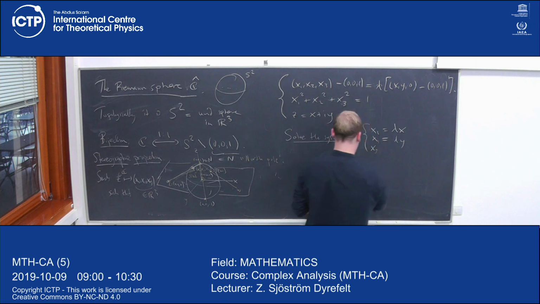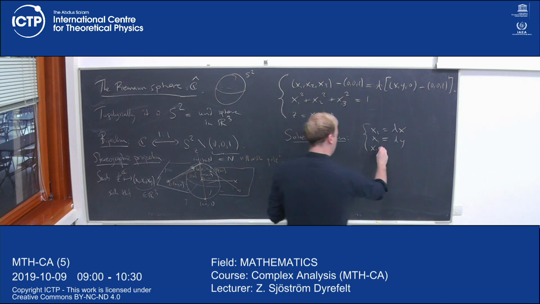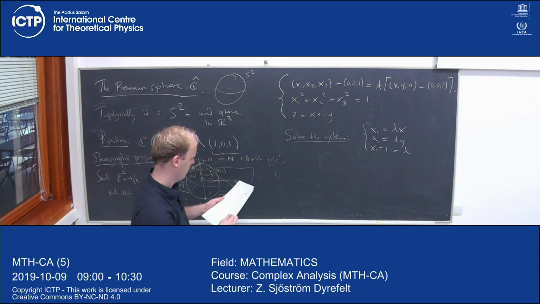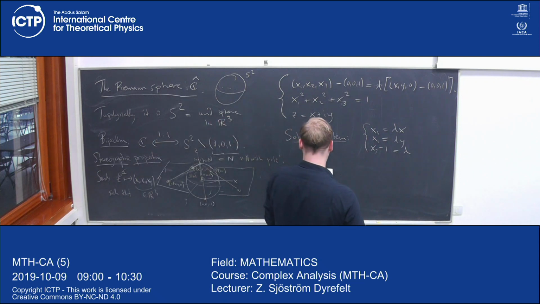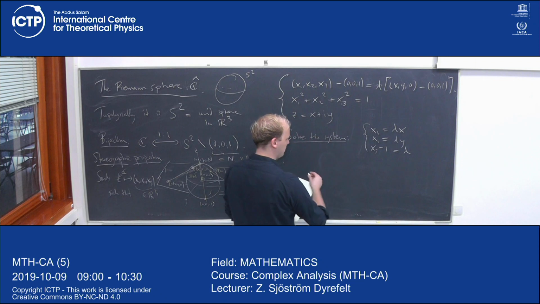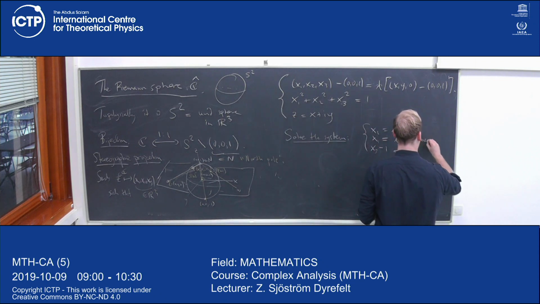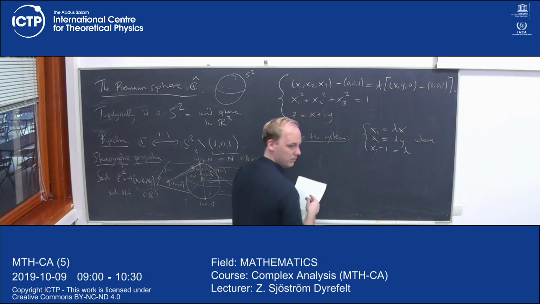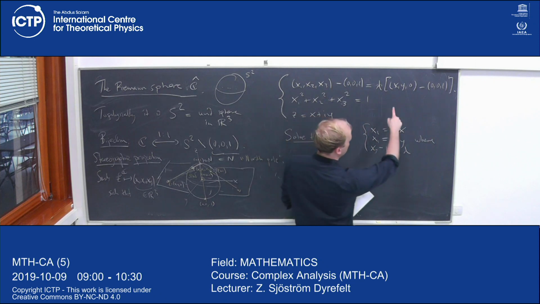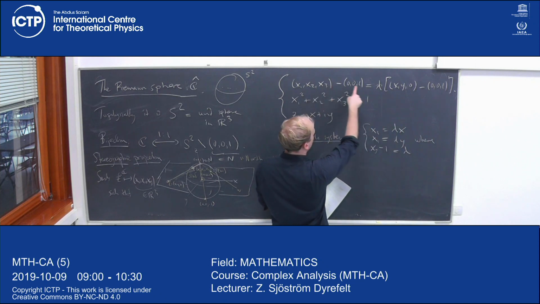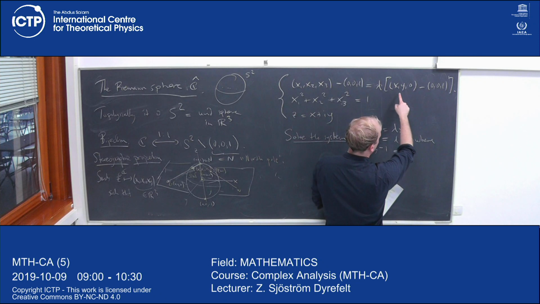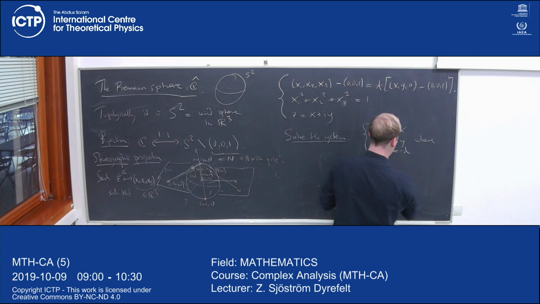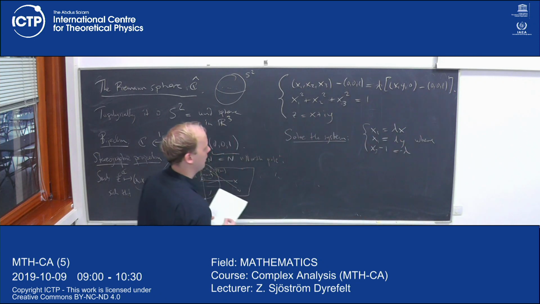And x3 minus 1 is equal to minus lambda. Is this correct? What was correct? Minus 1? Yeah, because x3 minus 1 is equal to minus lambda. Thank you. Very good.